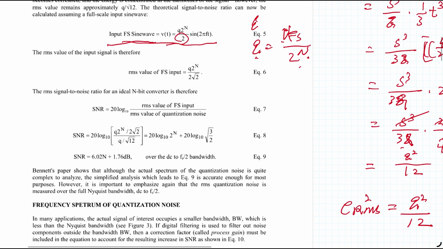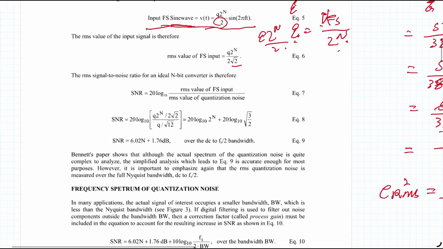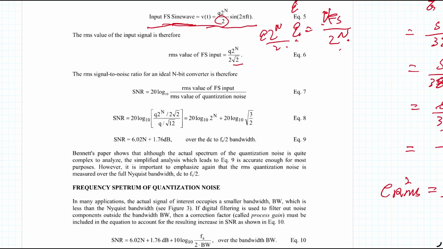Because it's a sine wave, if you know the amplitude of the sine wave is q times 2 to the power n divided by 2, then the RMS value of that is basically divided by the square root of 2. I have a video about how to get the RMS value of a sine wave. So that's the RMS value of the full scale input signal.